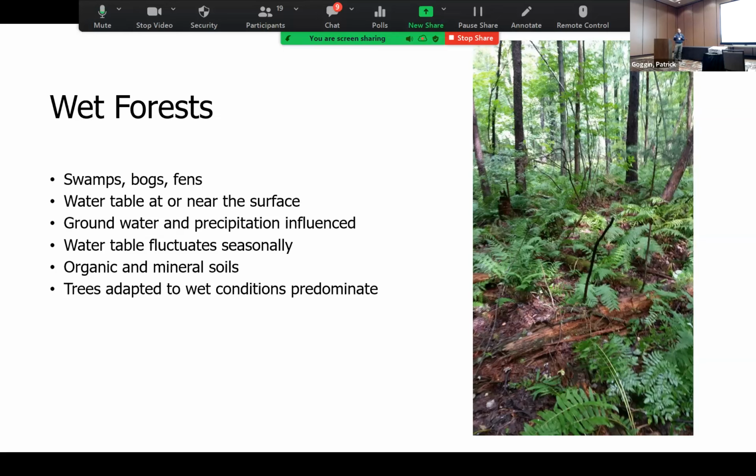So we see jack pine stands, for instance, on some of the peat areas in the Black River State Forest. Think of species here like black spruce, black ash, tamarack, northern white cedar, red maple. These are all common wet forest species of these swamps, bogs, and fens.